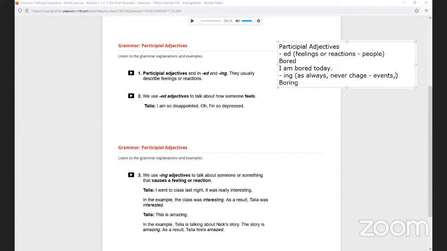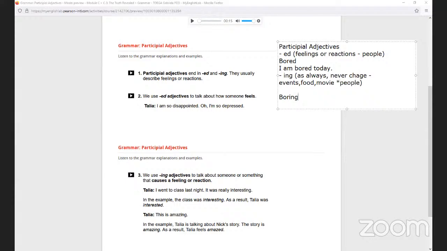We could use it with food. We could use it with, for example, movies, because they are never going to change. They are going to stay there. Even though we could use it with people, we put it in an extreme way.